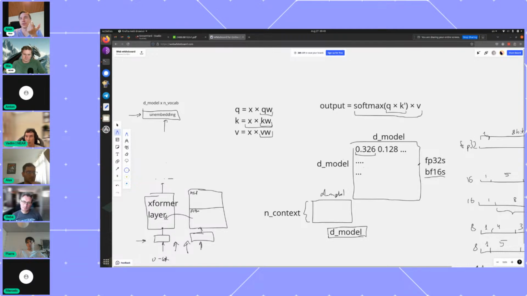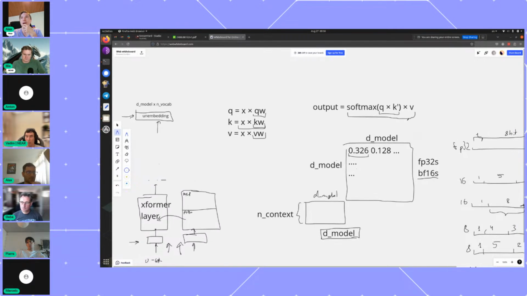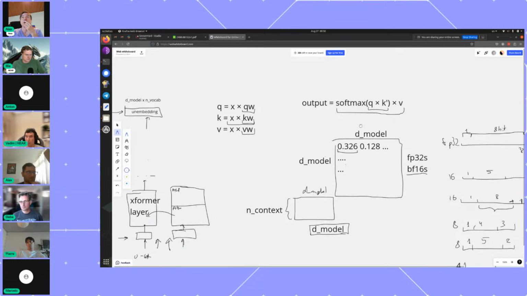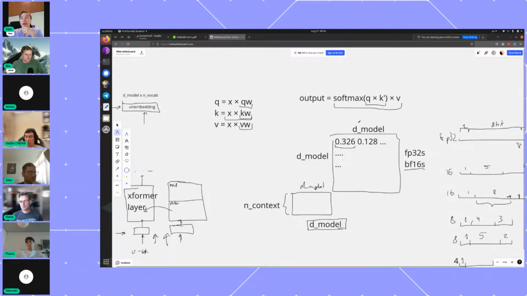Or by full precision, I mean presumably BF16. They don't do them in low precision. Okay. And when I say quantize, they do not quantize matrices at rest, meaning that the actual matrices they train, the actual QW, KW, and VW, and the 2 matrices in MLP, are actually high precision matrices, right?